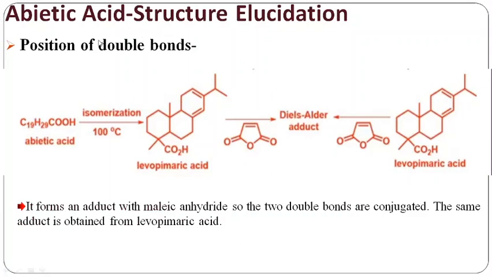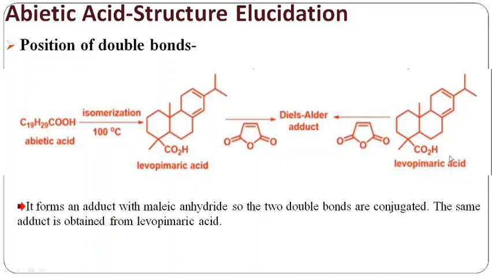The final step is to assign the position of the double bonds. Up till now we have assigned the position of the carboxylic group and the position of the angular methyl group. Last is the position of the double bonds. This can be achieved by the following reaction. It forms an adduct with maleic anhydride.